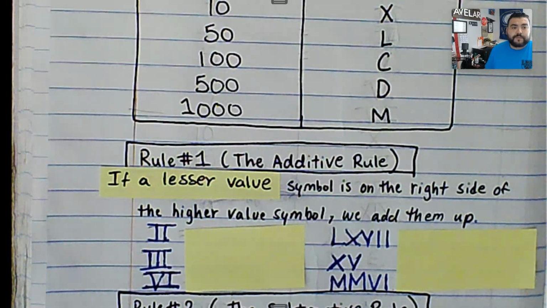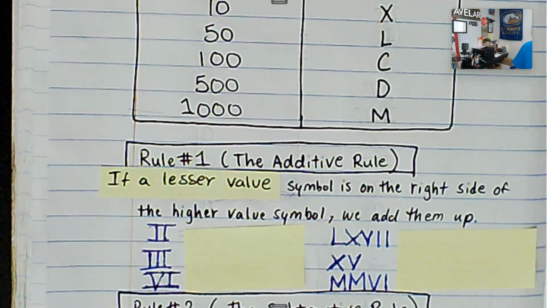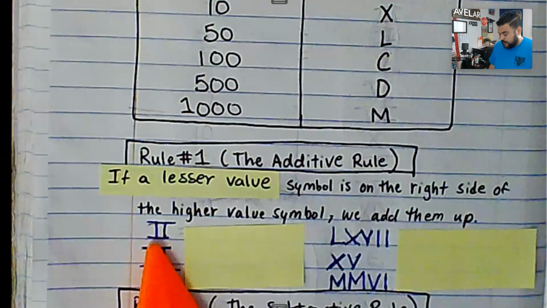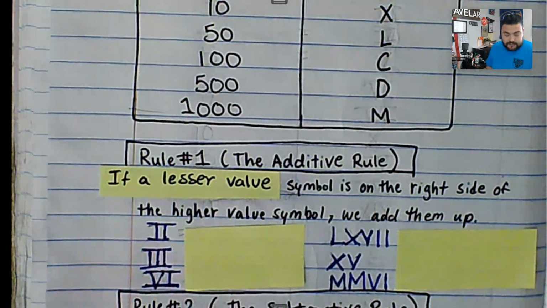Now we have some examples written down. So if we look here, 2 tallies.